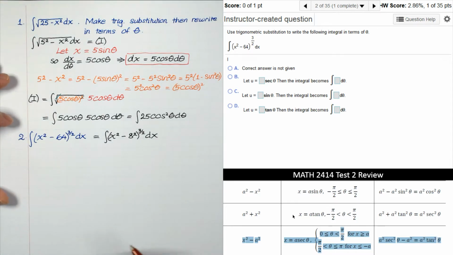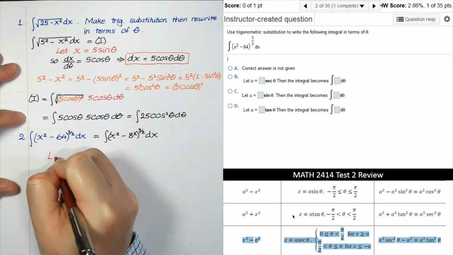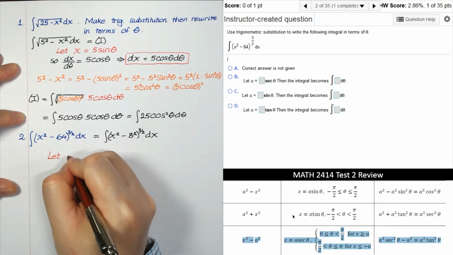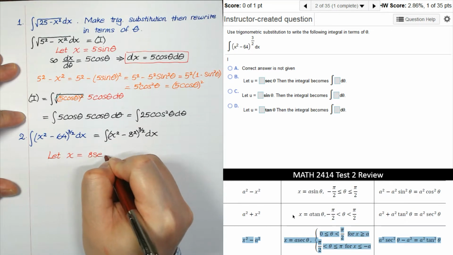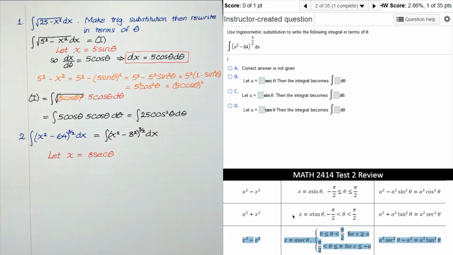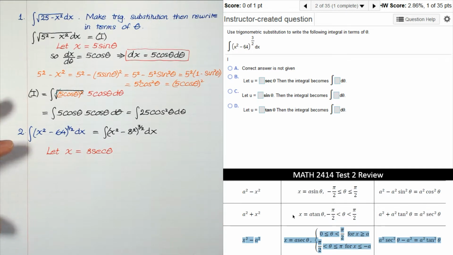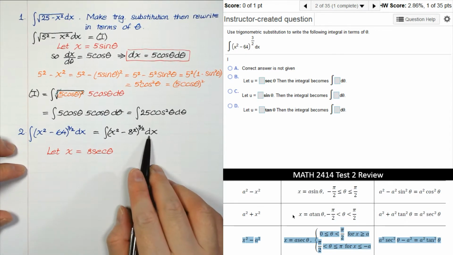So it's going to be secant. Let x be 8 secant theta, and then we will solve for dx.